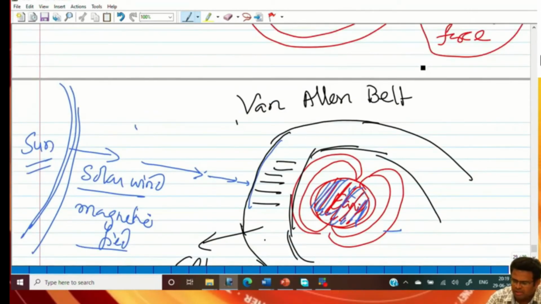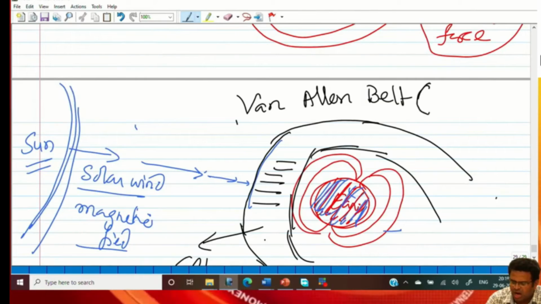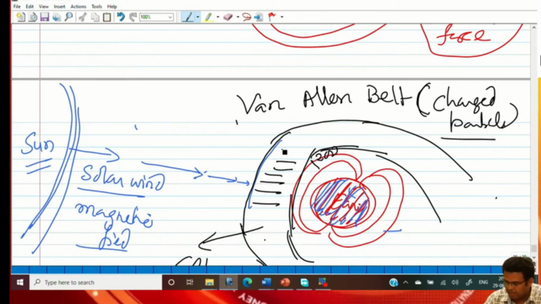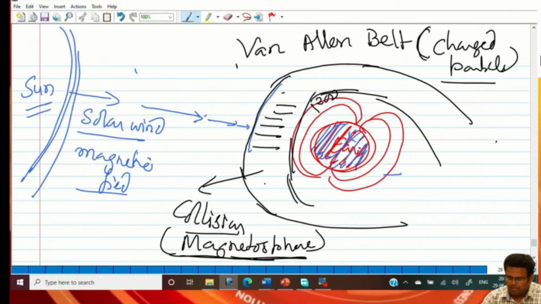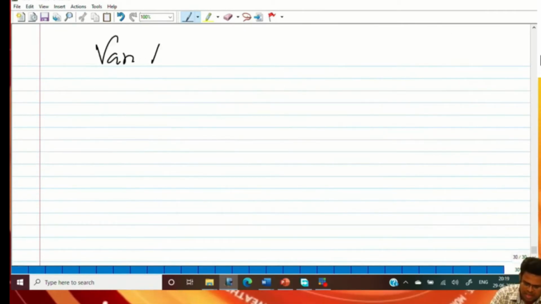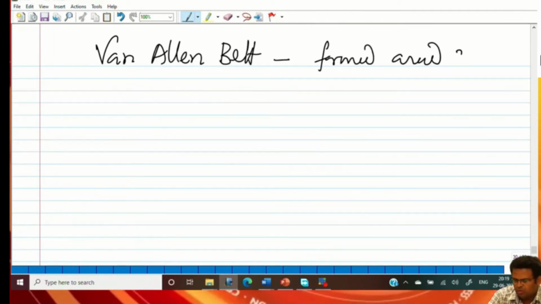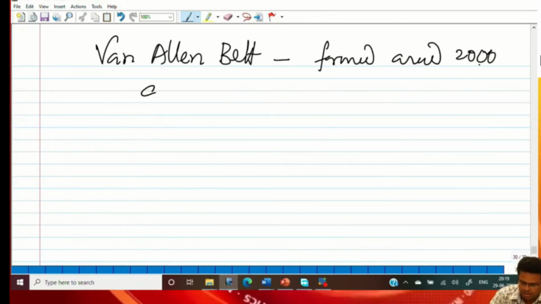Due to the collision, you will find charged particles, and this is above 2000 kilometers. This Van Allen belt is formed around 2000 kilometers above.